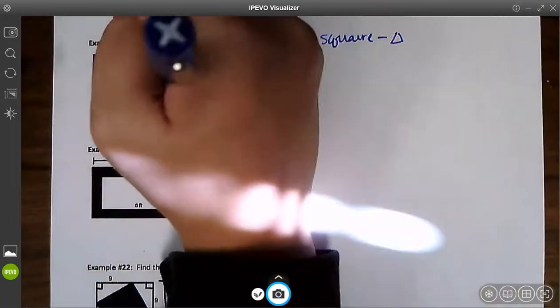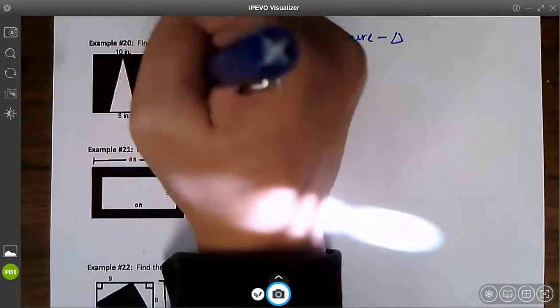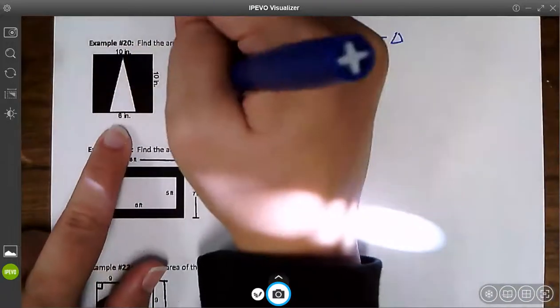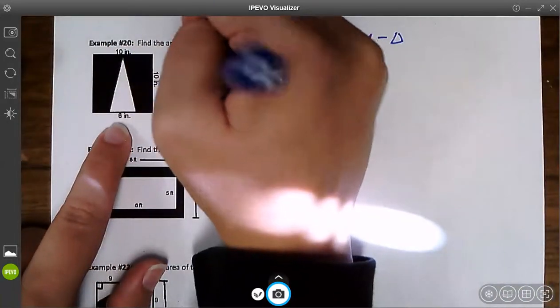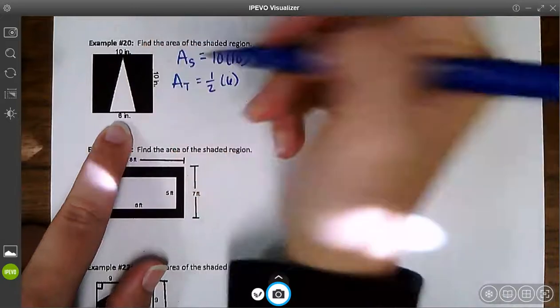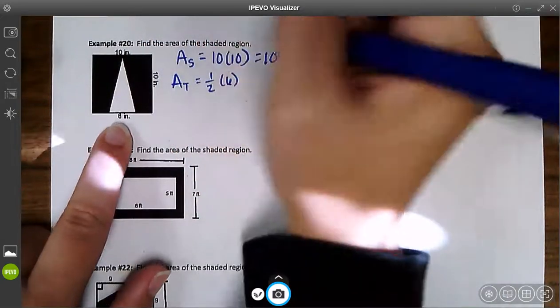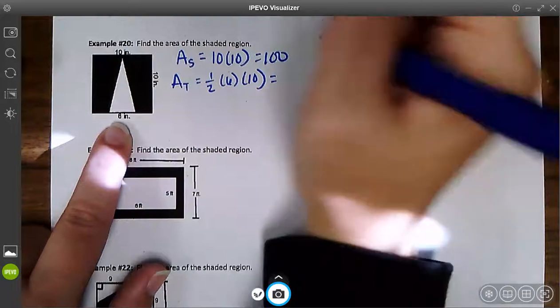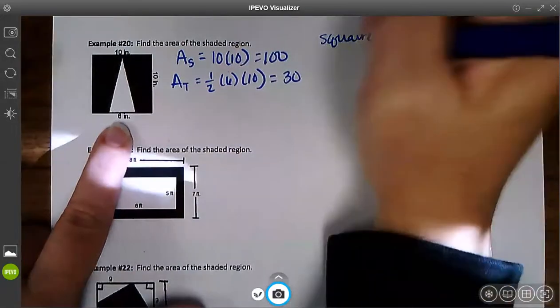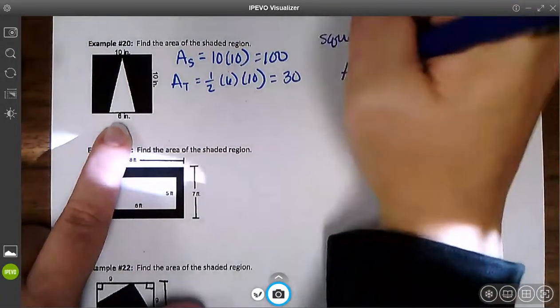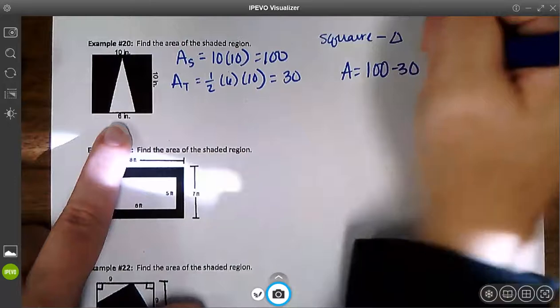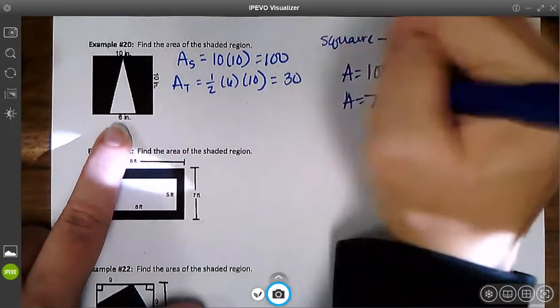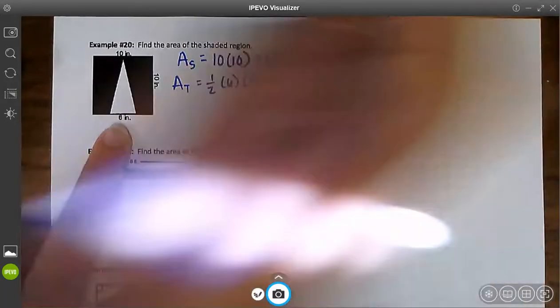The area of my triangle is 1/2 my base, which it says is 6, times my height, which is the side of my square, which is 10. 6 times 10 is 60, half of that is 30. So the area of my shaded region is 100 minus 30, which is 70 inches squared.